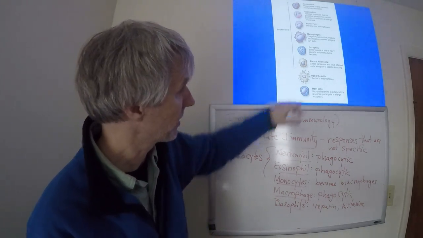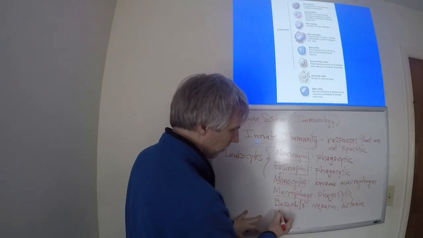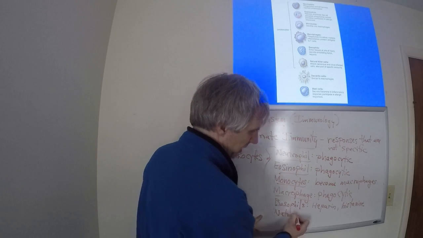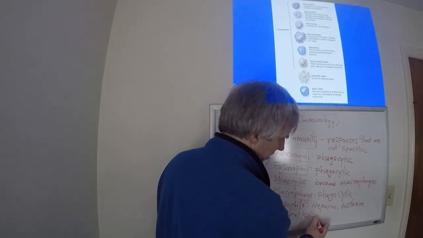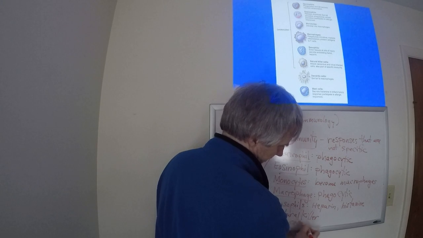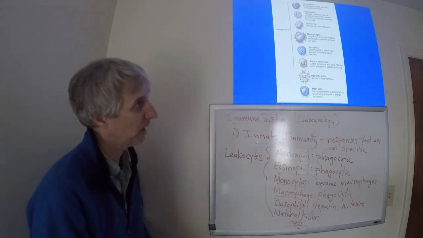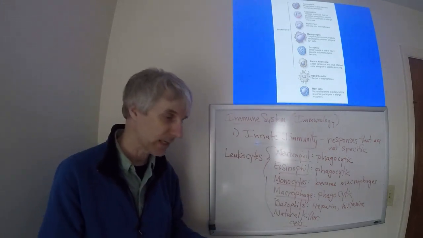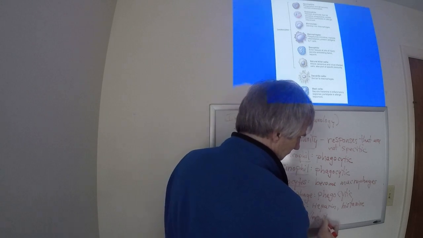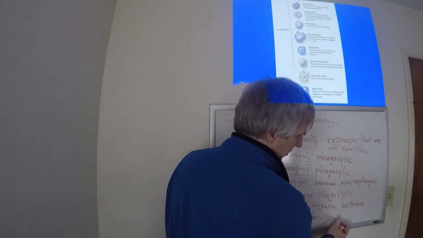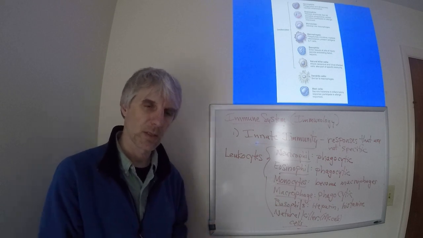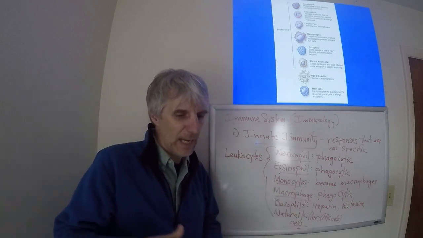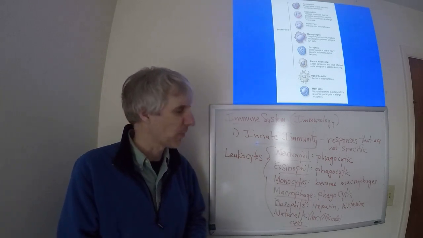All right, and then this final one that's listed under the leukocytes are the natural killer cells, otherwise known as the NK cells. NK cells for natural killers. The natural killer cells are interesting because they're part of both the innate and the acquired immunity response.